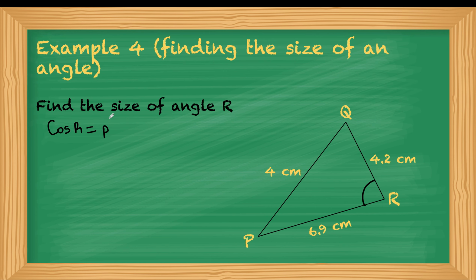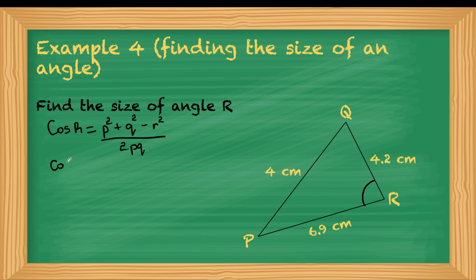So we want P squared plus Q squared minus R squared all over 2PQ.